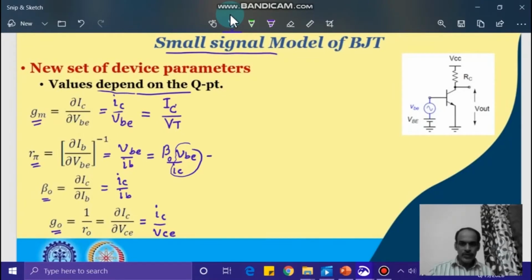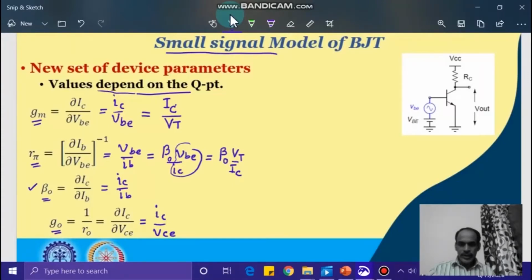So, the expression of r_pi equals beta naught into V_T divided by I_C, where beta naught is the small signal current gain.